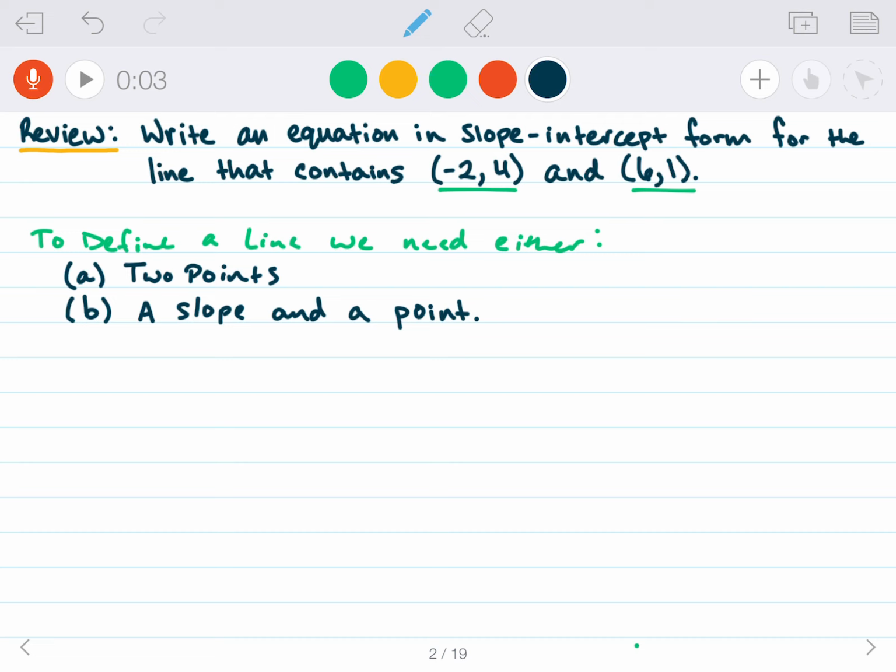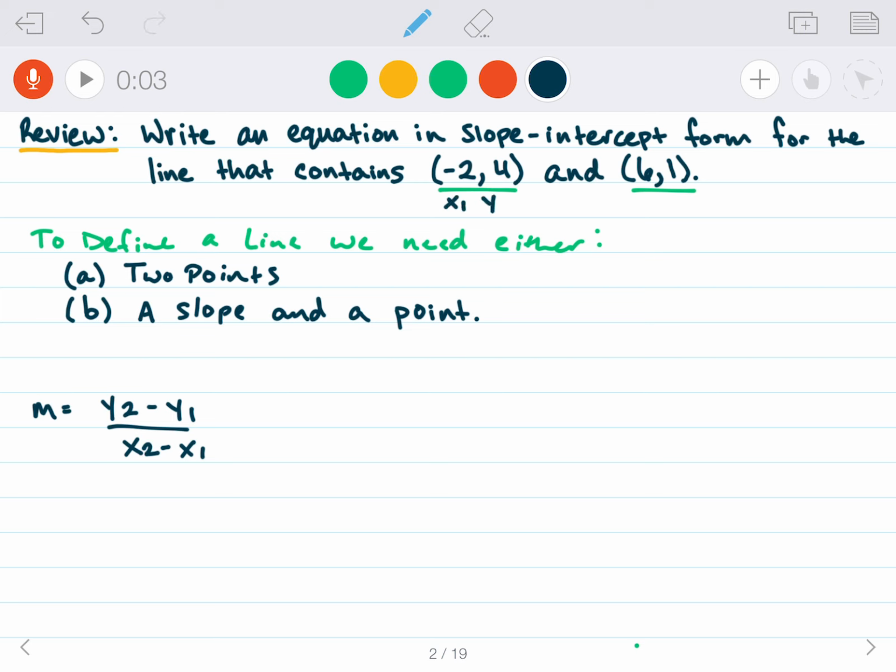So we have these 2 points, and the first thing we did was we used these 2 points to get the slope. So remember, our slope formula is y2 minus y1 over x2 minus x1. And here we can label this as x1, y1 if we wish. We could have easily labeled it as x2, y2, it doesn't matter.